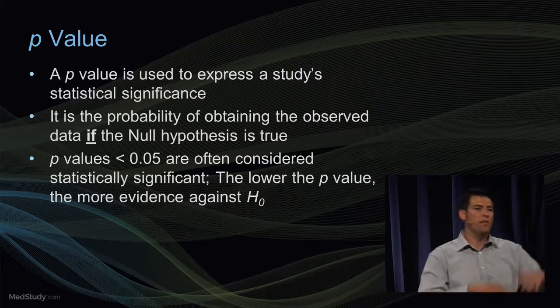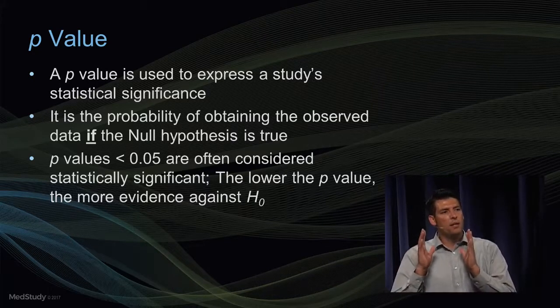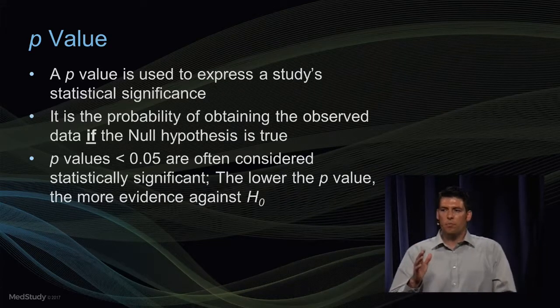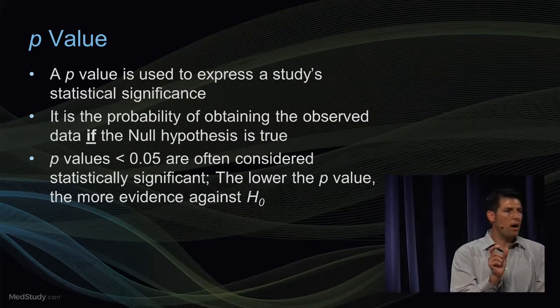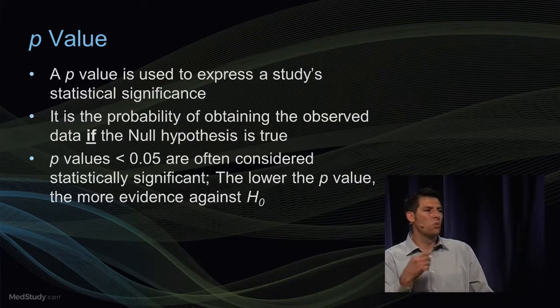Anything less than 0.05 is absolutely significant. Anything above 0.05 isn't. But 0.05 is really just a probability. It's saying that if the null hypothesis is true, we observed something that happens 1 out of 20 times.